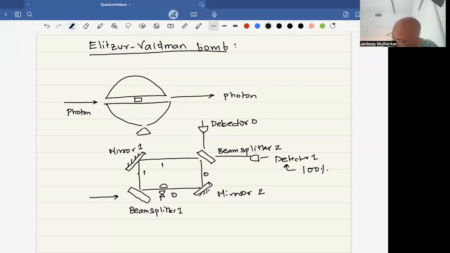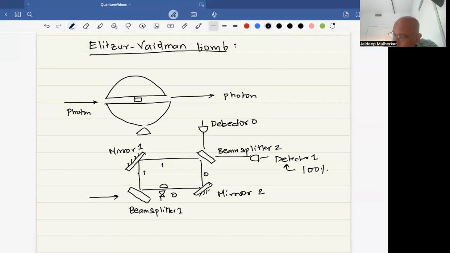Now, the idea is to place this device of ours in this interferometer. And if you do the calculation, you will realize that if the bomb is not working, then again, it will be like the original case. So there will be a 100% probability of detecting at detector 1. However, if the bomb is working, even then there is a possibility of detecting at detector 0.